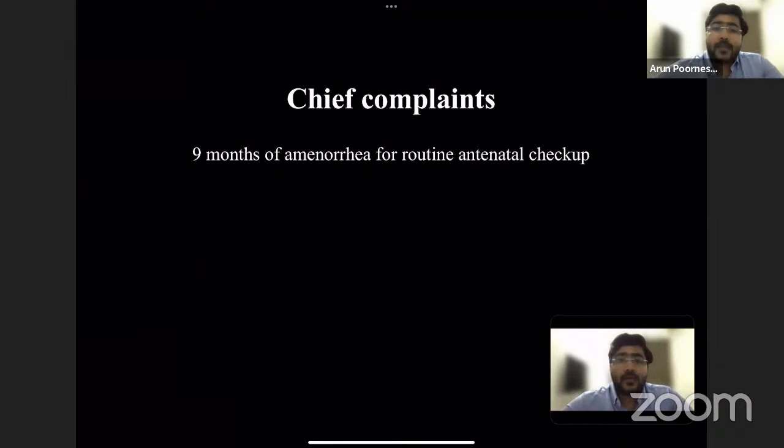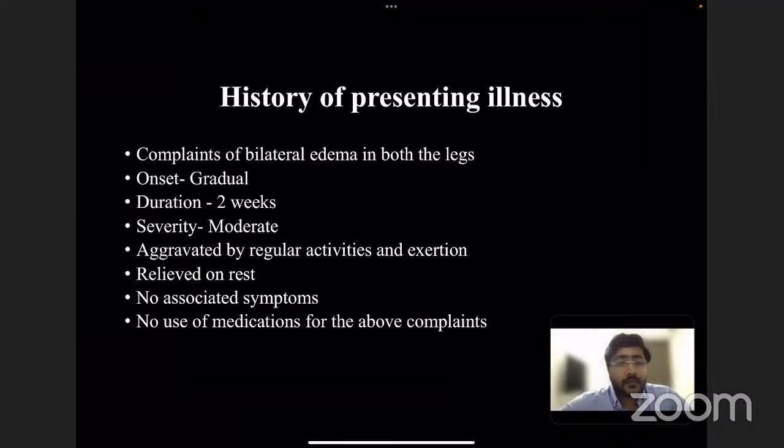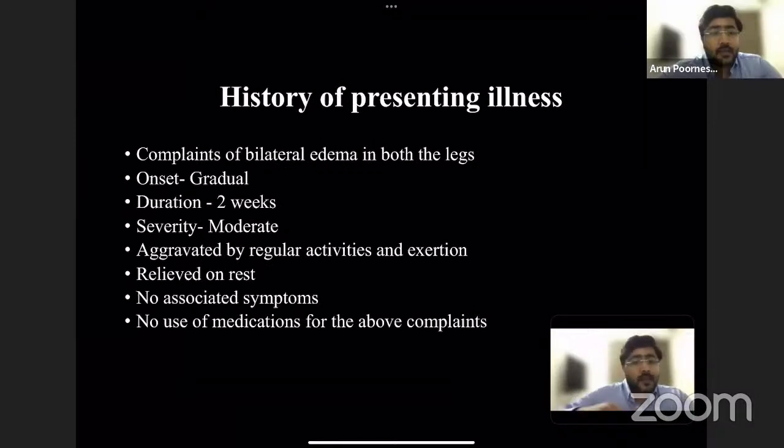That's okay. Then go to the previous slide. These are all fine. In the history of presenting illness, you have written that she has complaints of bilateral edema in both of her legs, but later you have written that she has come for her routine antenatal checkup. This is a little bit contradicting.